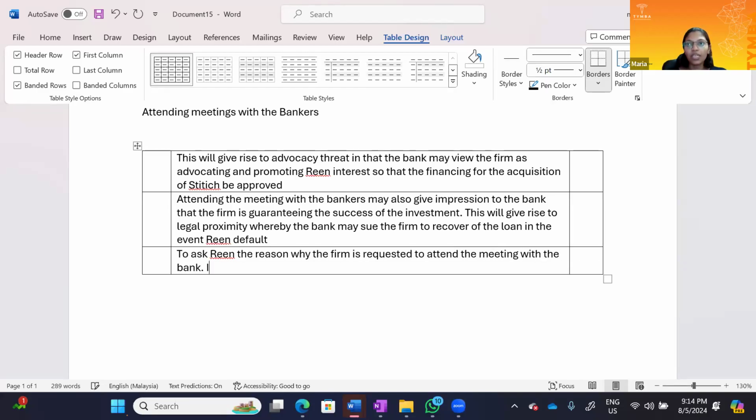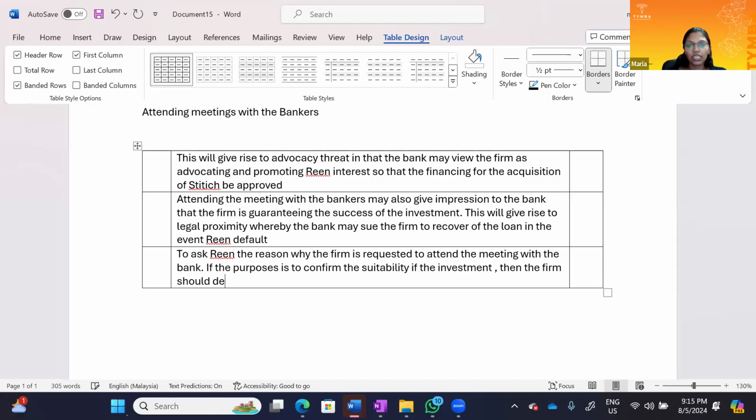If the purpose is to confirm the suitability of the investment, then the firm should decline the request and the reason should be explained.